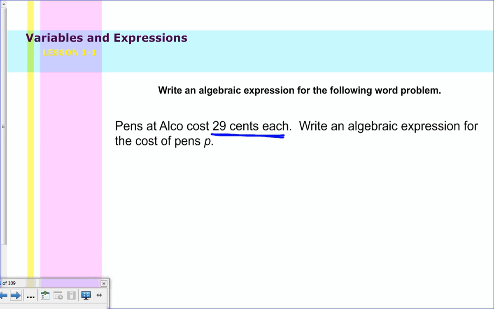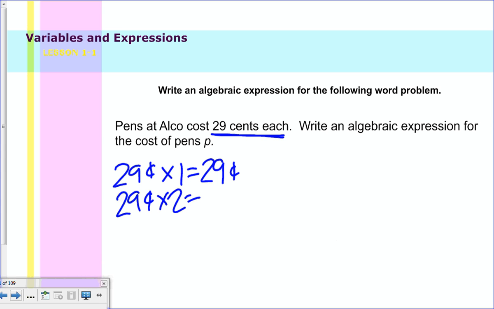You could have just bought 1. You could do 29 cents times 1. That's 29 cents. You could have bought 2 and have 58 cents. And so on. And that could continue. It could go all the way up to 100. Maybe someone needed pens and bought 100 of them. Who knows? So we get to that point where we have P. And again, we don't know how many they bought, but we know they're 29 cents each.